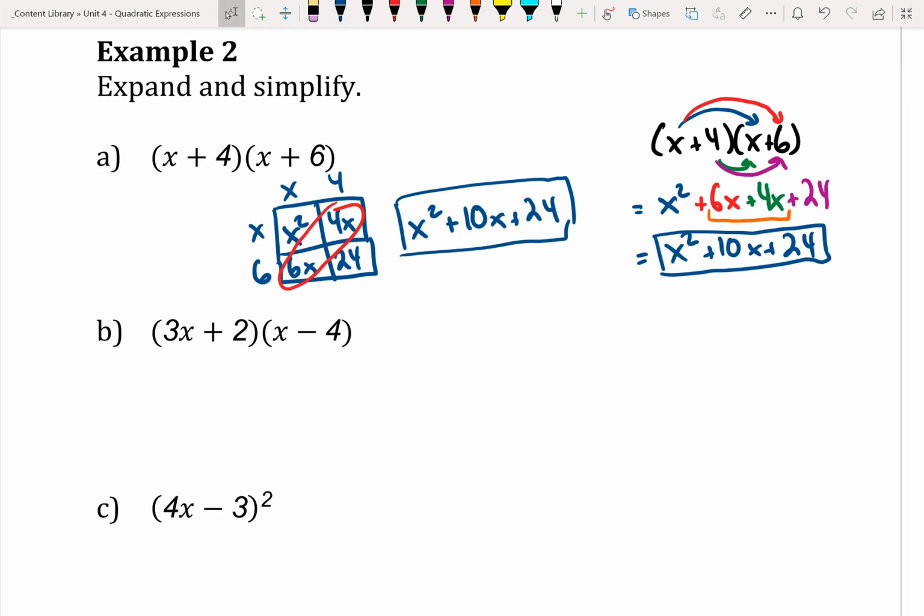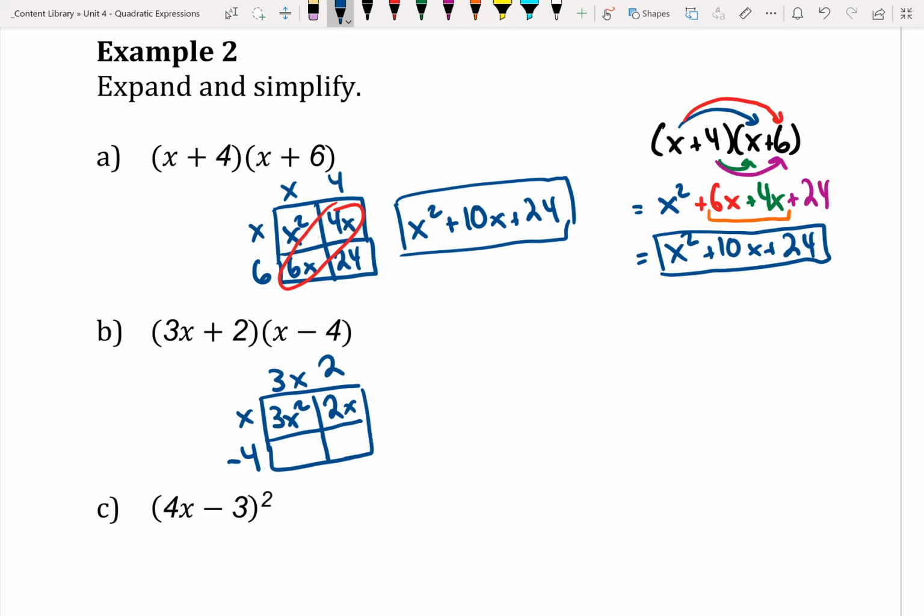B, same idea. I'm going to create a box. I'm going to put one bracket on top, the other bracket on the side. Keep in mind here, because it is minus 4, I do need to include the negative. So 3x times x is 3x squared. 2 times x is 2x.